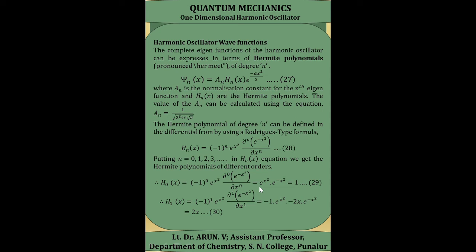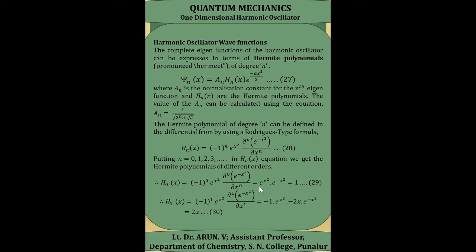And the wave function can be written as psi_n(x) equals A_n H_n(x) e^(-alpha x²/2), where A_n is the normalization constant for the nth eigenfunction and the H_n(x) are the Hermite polynomials.